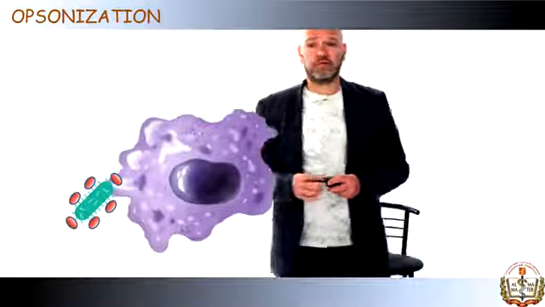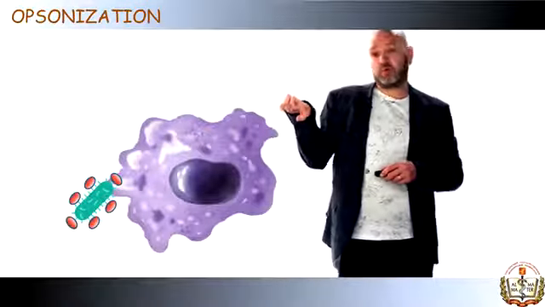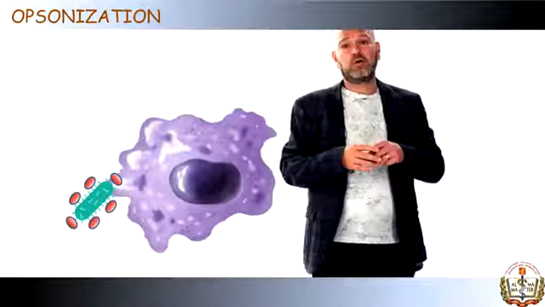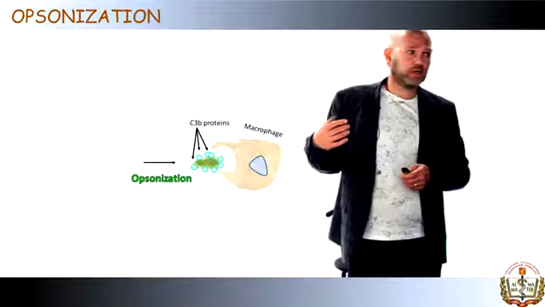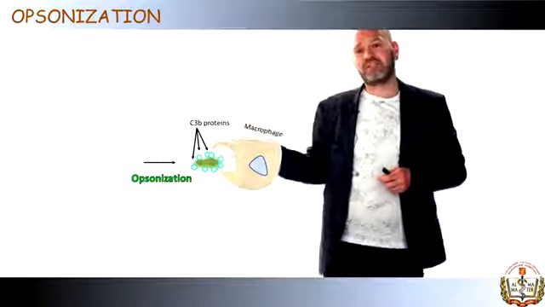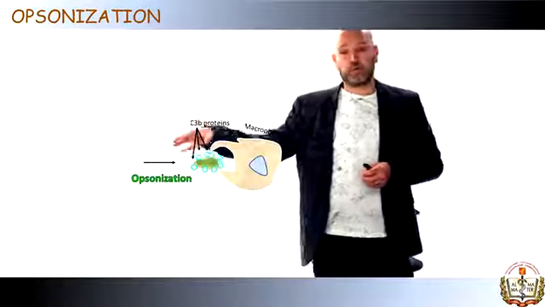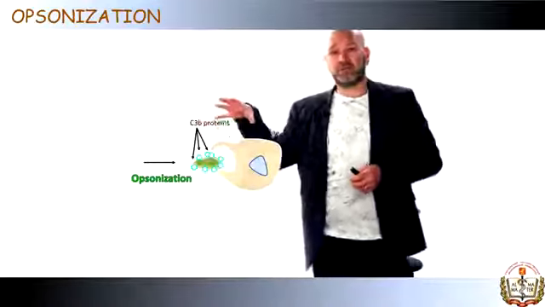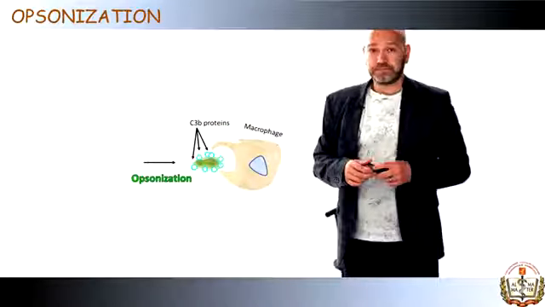complement. Of course, we have complement as the main system to perform opsonization. Some immunoglobulins can perform it as well. And if you remember the diagram I showed you of the classic way of complement activation, the C3b proteins of the complement system can perform opsonization.